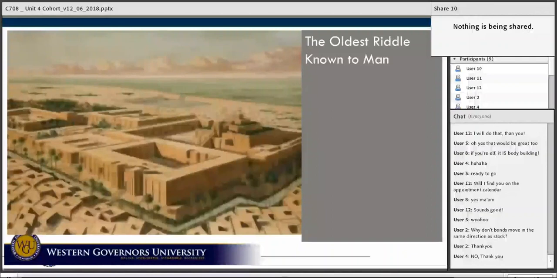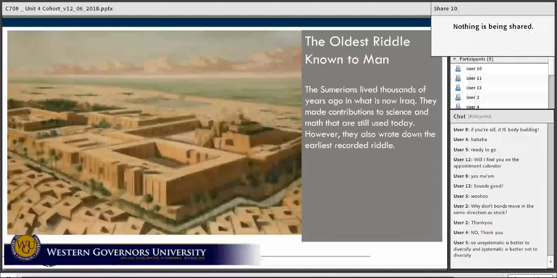So the final question of the night. It's the oldest riddle known to man. Okay, Donna. Unsystematic is fixed through diversification. That's correct. Systematic assumes diversification, but it can't be diversified away. Systematic is just the risk of being in the stock market.